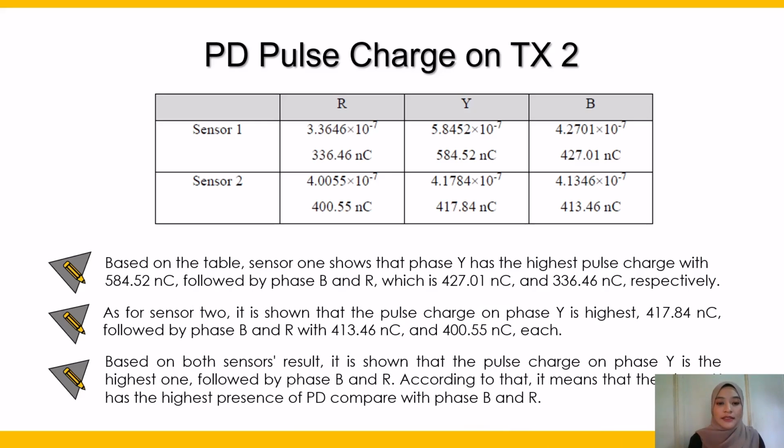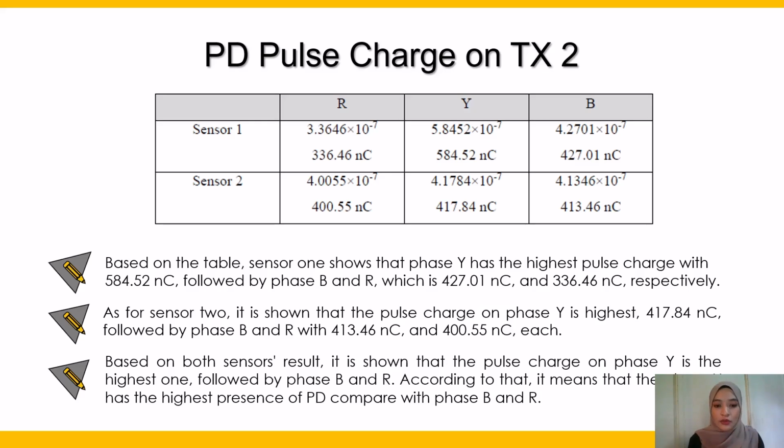Based on the table, sensor 1 shows that phase Y has the highest pulse charge with the value of 584.52 nanocoulomb, followed by phase B and R, which are 427.01 nanocoulomb and 336.46 nanocoulomb respectively.